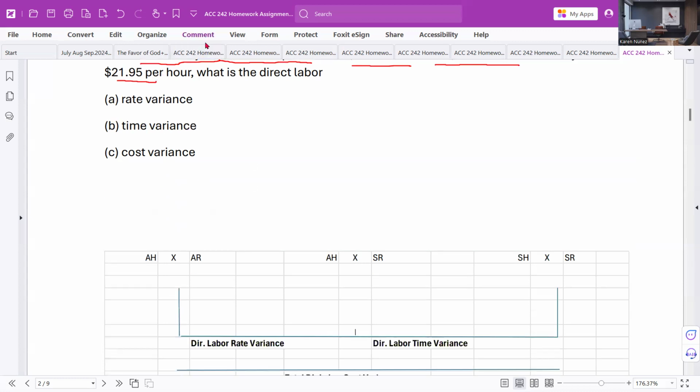So again, I want to upfront identify the abbreviations that I'm using. So right here, I'm just going to type them in. So AH, what is AH? AH is the actual hours. And AR is the actual rate.